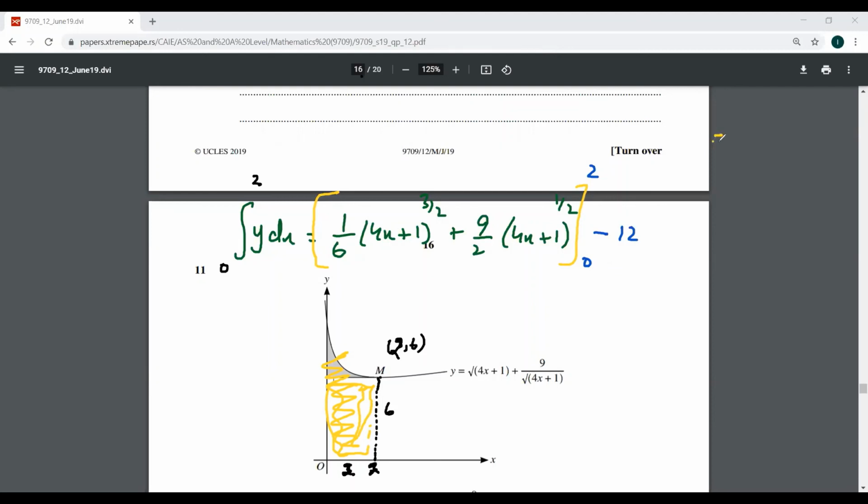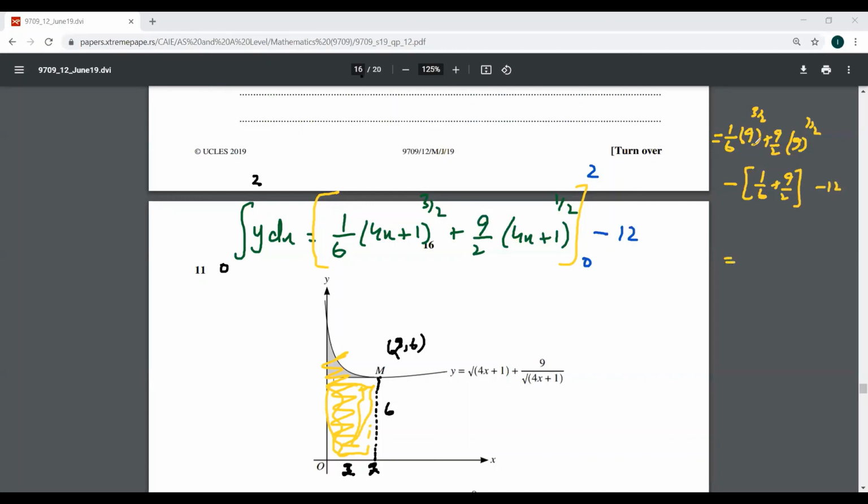When we put 2 over here, this would become 1 over 6 into 9 raised to power 3 by 2, plus 9 by 2 into 9 raised to power half. And when you put 0, this is going to be 1 over 6 plus 9 over 2. And we have that minus 12 here as well.